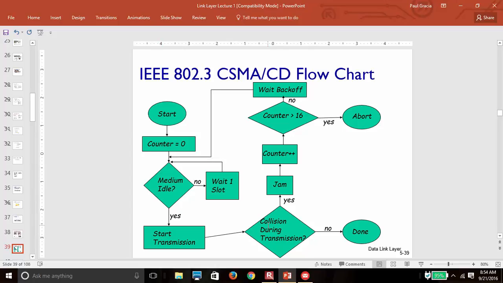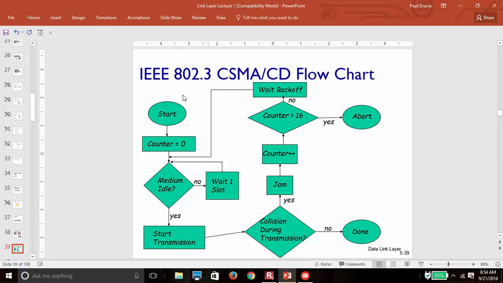Is there a collision during transmission? If no, then we're all done. If yes, then we increment the counter. Is the counter greater than 16? If not, then we wait some backoff period, then go back and listen for idle. We make that decision again.